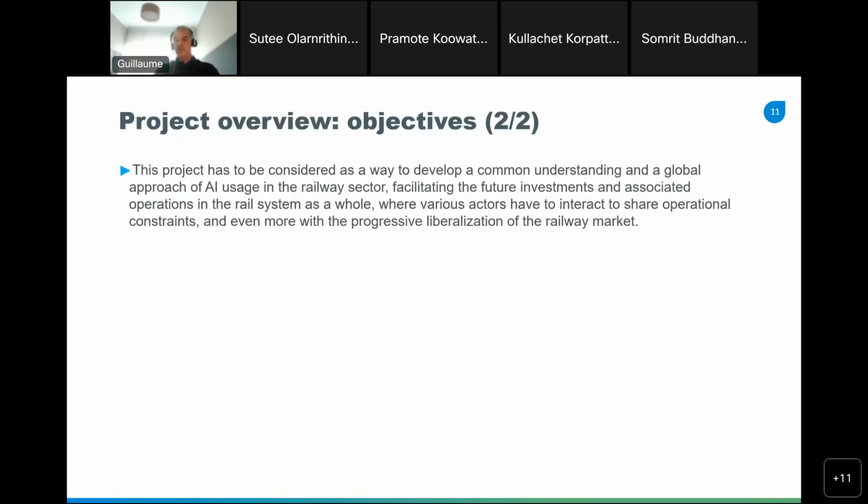It's for decision-making people, not only for technical people, to facilitate the future investment and associated operation in the rail sector as a whole. So it's a first step for the research and development activity in the domain of AI in the railway sector.